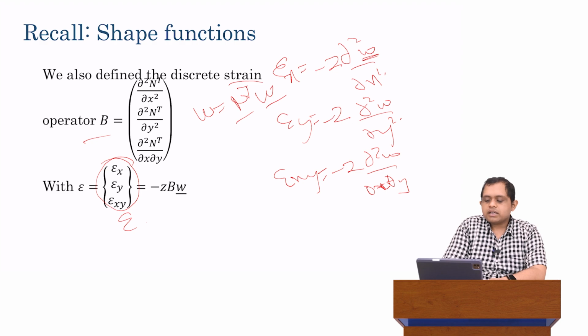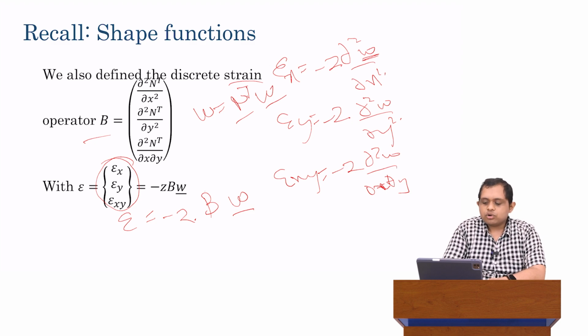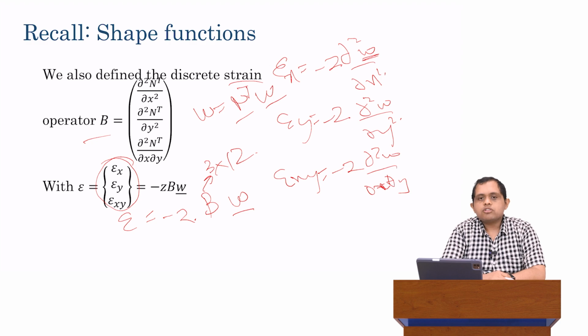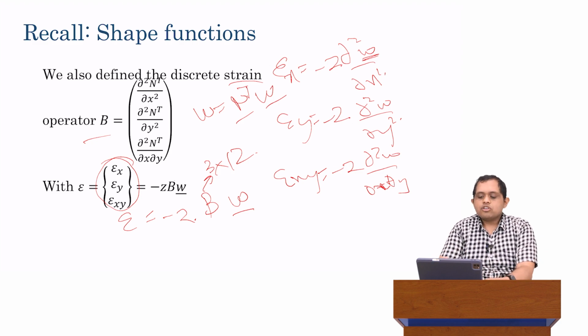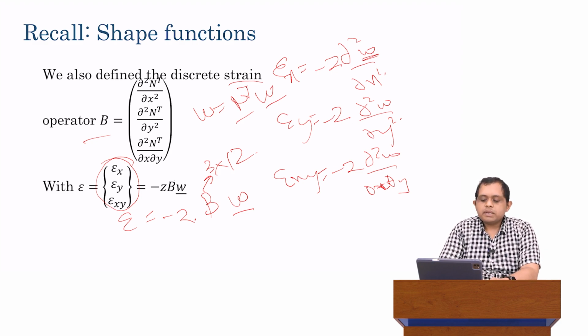Epsilon is equal to minus z B w bar, where B is a matrix of size 3 by 12. Each column of B is going to correspond to each degree of freedom, and each row of B is going to correspond to a component of the strain, that's epsilon x, epsilon y, or epsilon xy. So what you can see clearly over here is this B, which again we call the discrete strain operator.